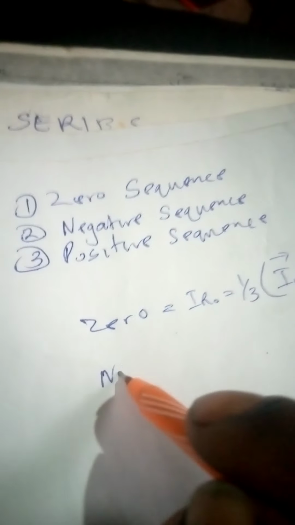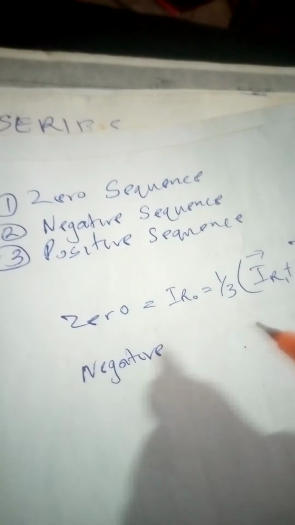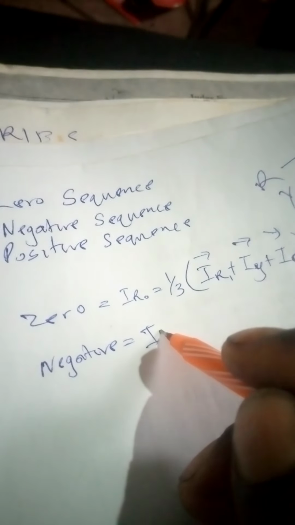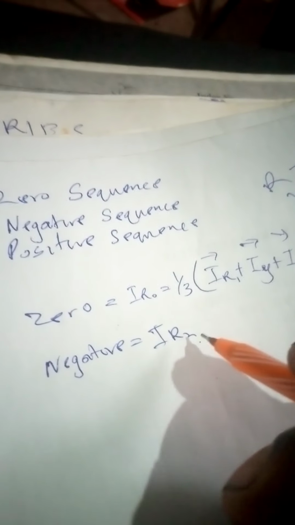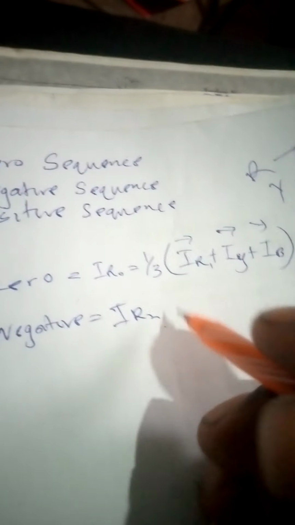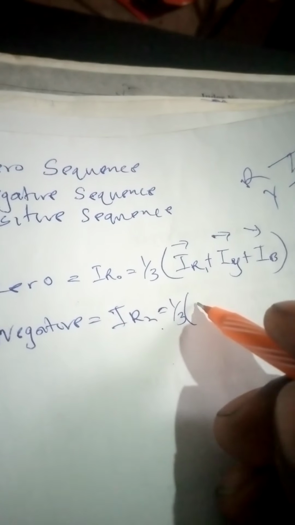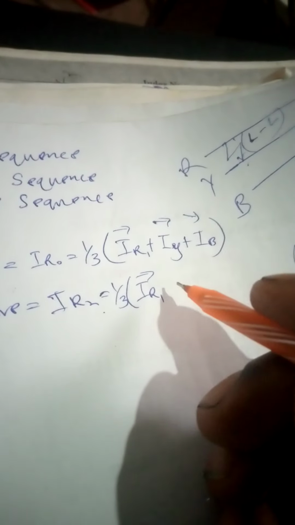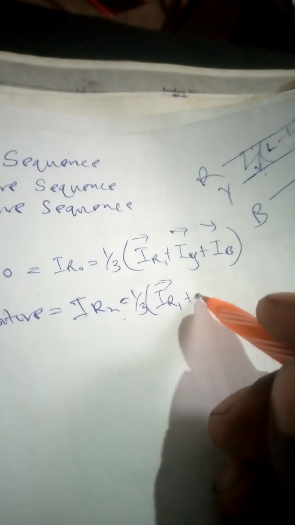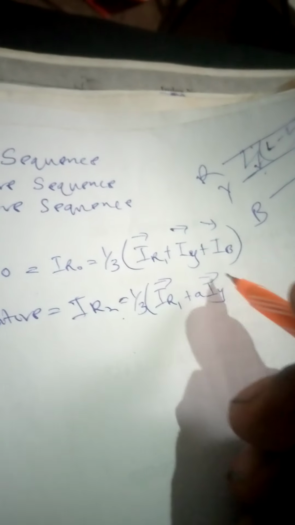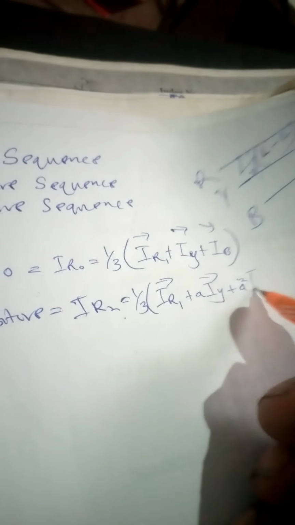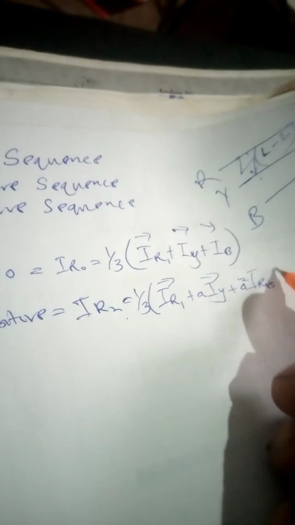The expression for the negative sequence is given by IR2, that is the negative sequence, and is given by a third of the current at red phase plus A times the current at yellow phase plus A squared times the current at blue phase.